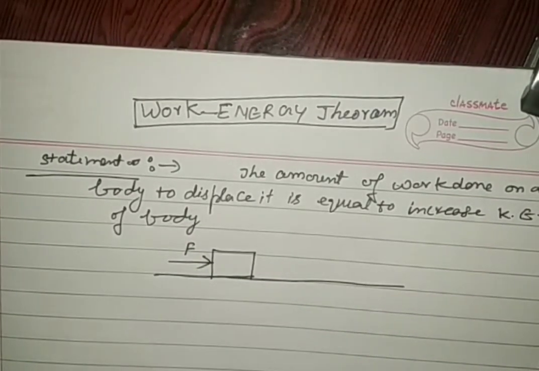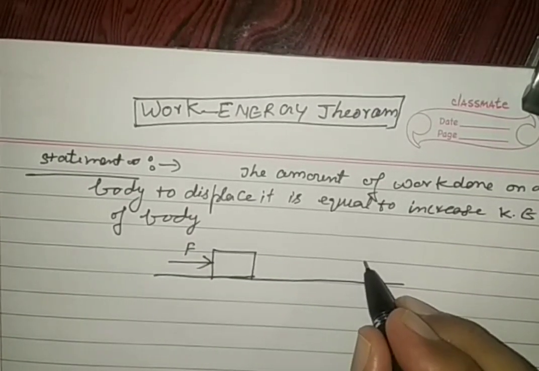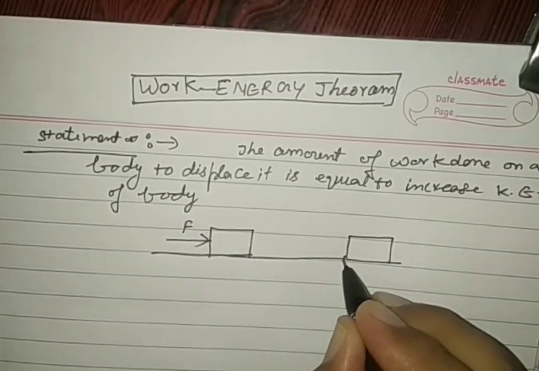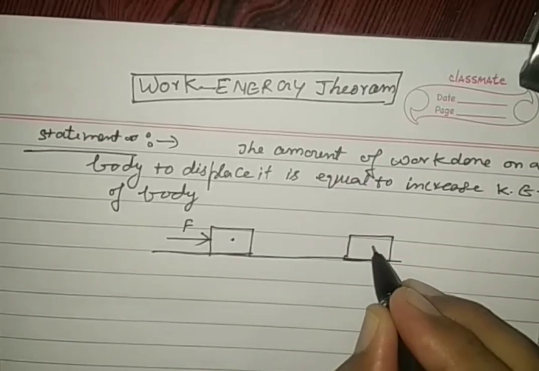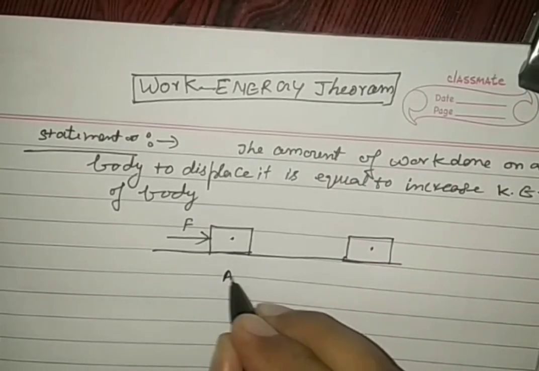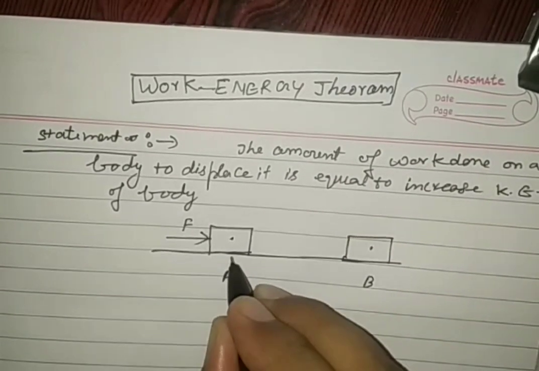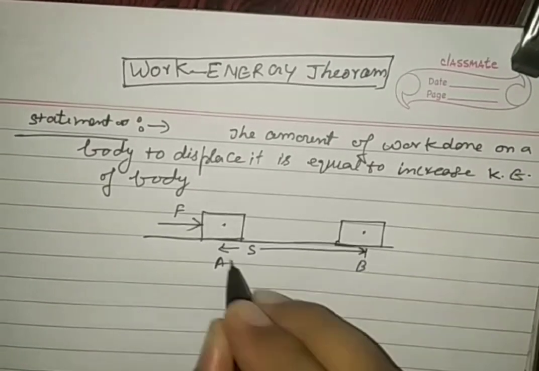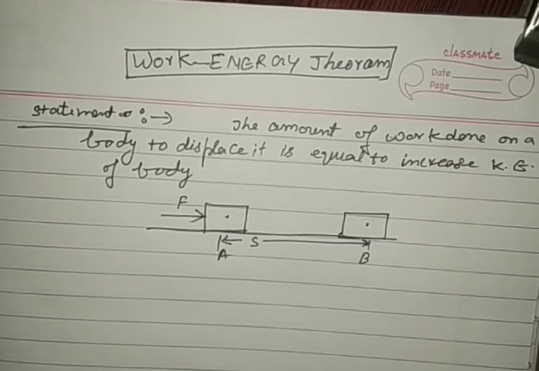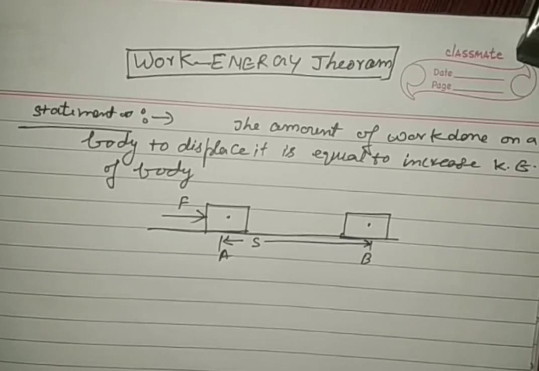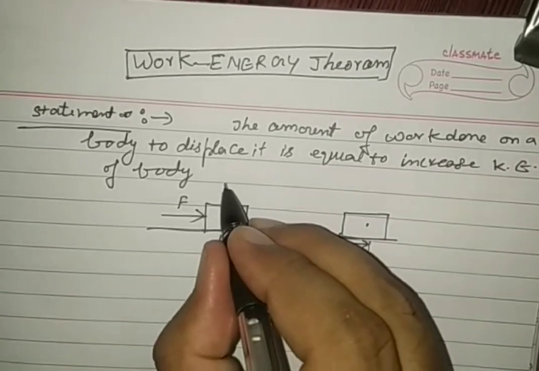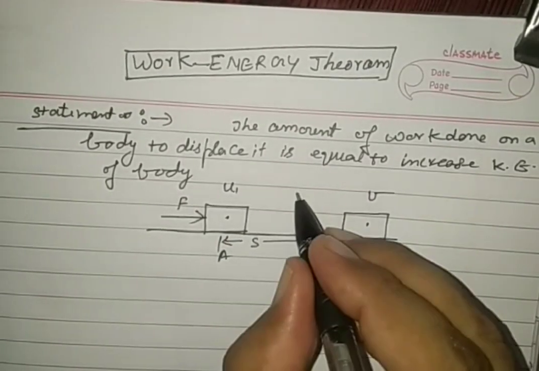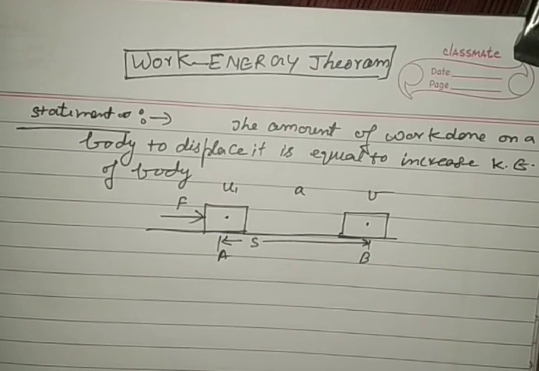let F be the force applied on a body, and this body displaces from position A to position B up to a distance S, here in this diagram. Let the initial velocity of the body be u and the final velocity be v, and the acceleration acting is a.